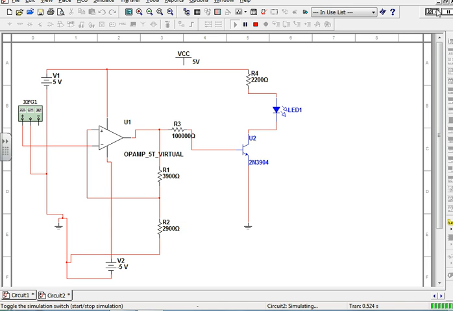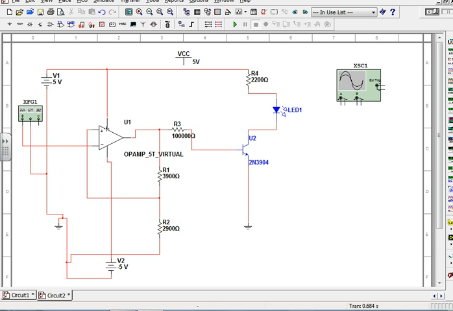All right, so now we're going to go back and look and see. We'll look for the upper and lower trip point of this guy. Oh, turn on. That's good.